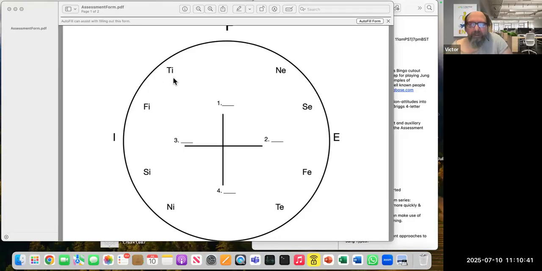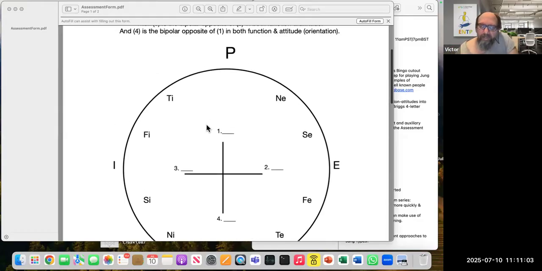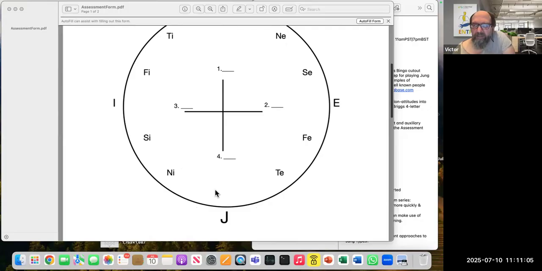This we talked about the other week. It's kind of a review. What I've got here is summarizing these ideas with the capital E and the capital I on the left and the E on the right, with the P up on top and the J on the bottom.